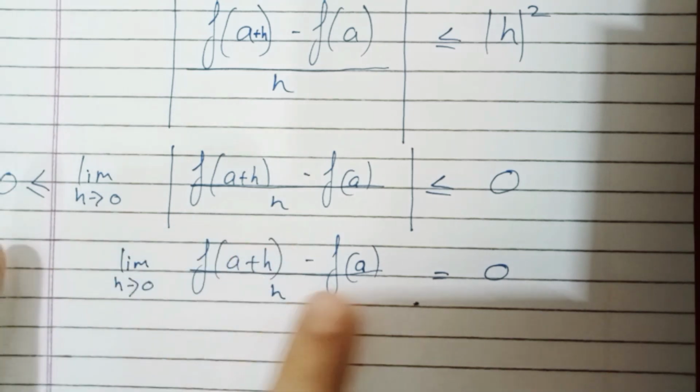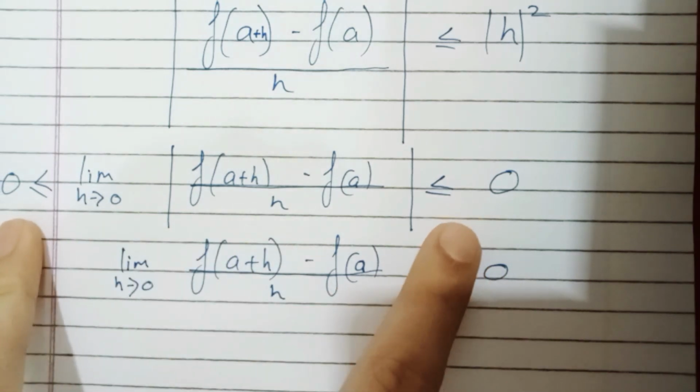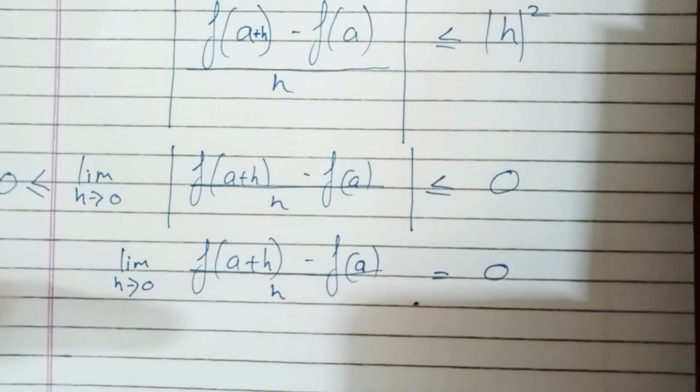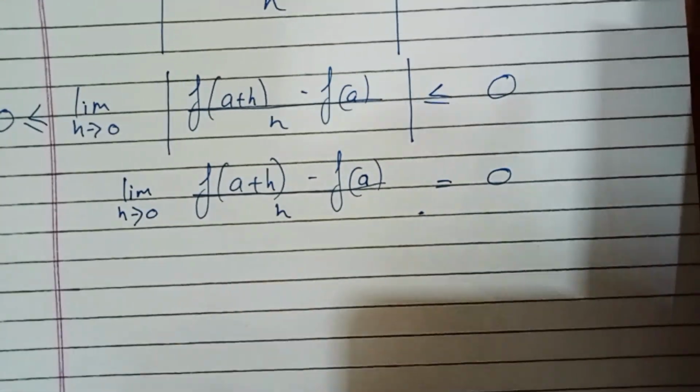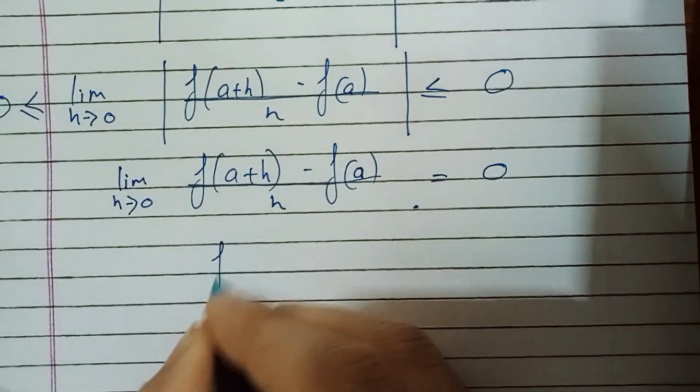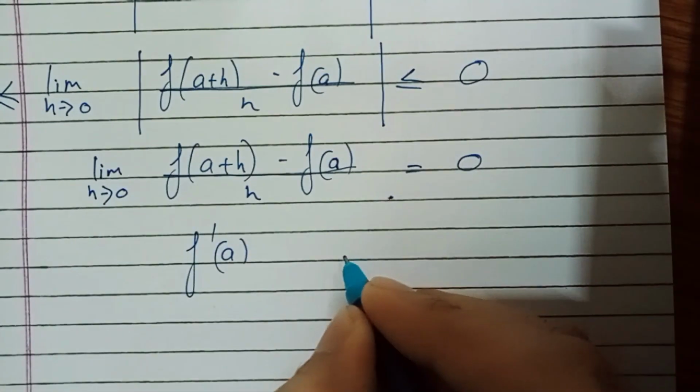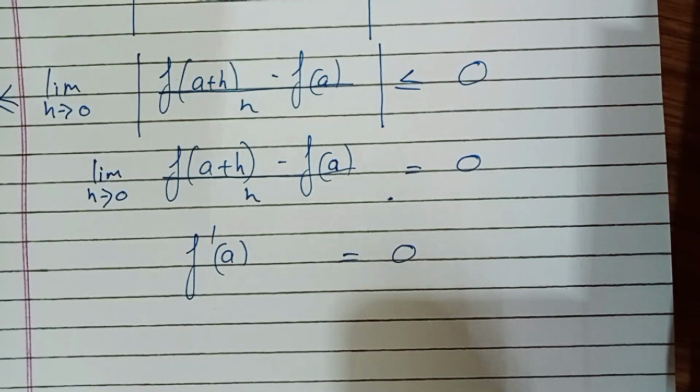If we have shown some limit is equal to some number, then the limit exists. So this limit exists, and we know this limit is the very definition of the derivative, so we've got f dash a is equal to 0. And if you focus here, we have taken fixed x as a. A is any real number, as I've told you earlier, 2, 3, 4, 5.